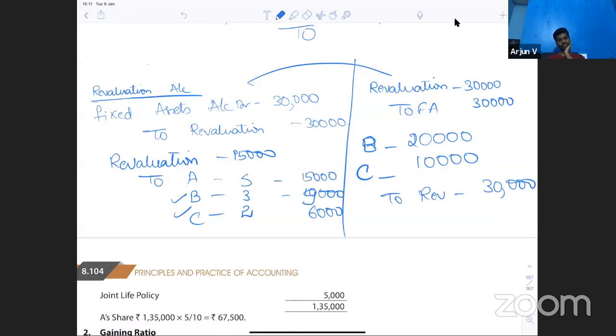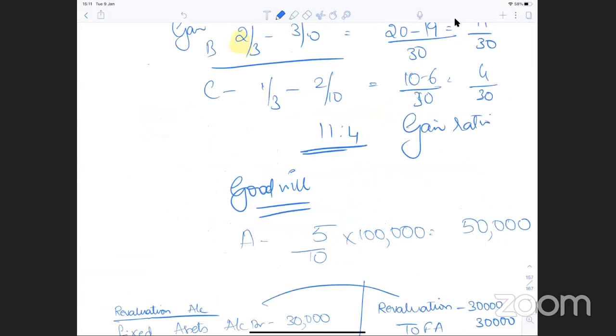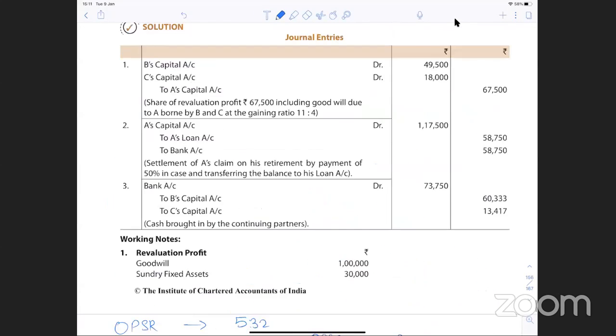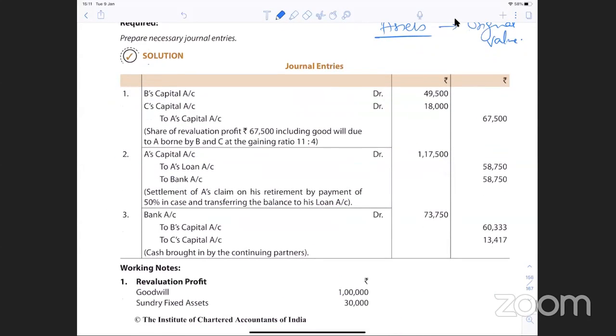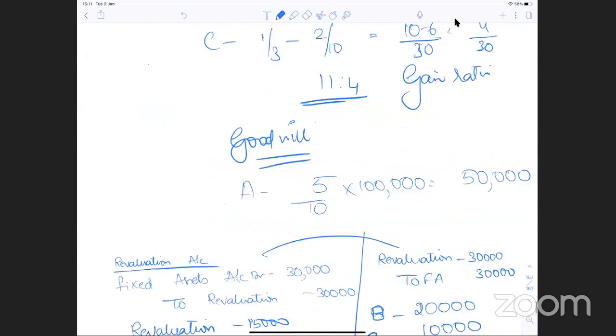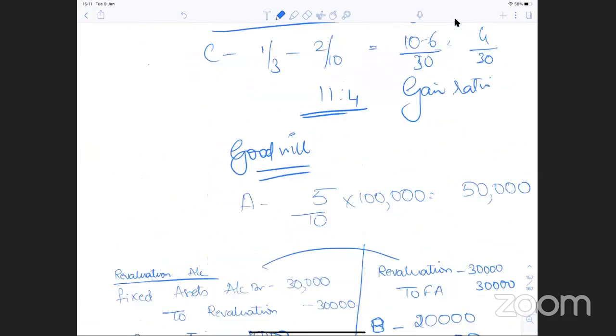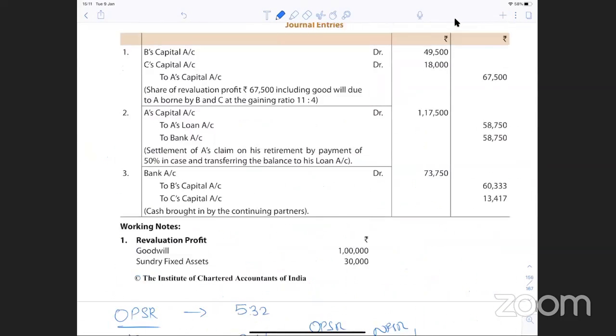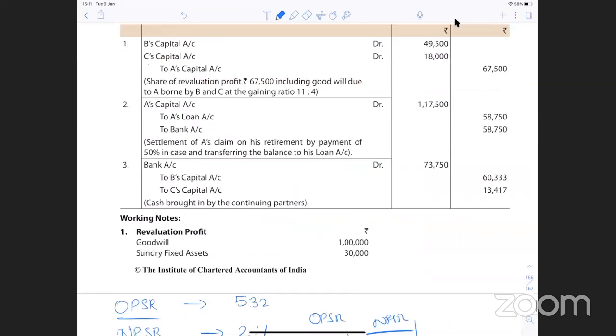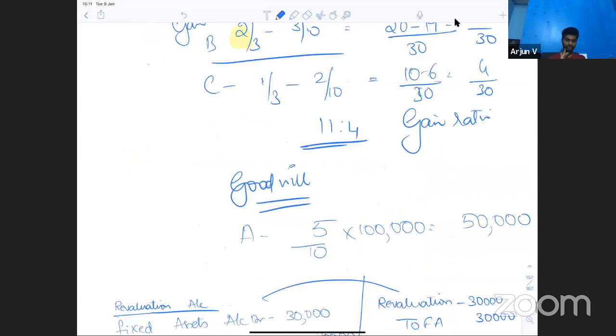Did you all understand why memorandum revaluation? Done with the second entry.